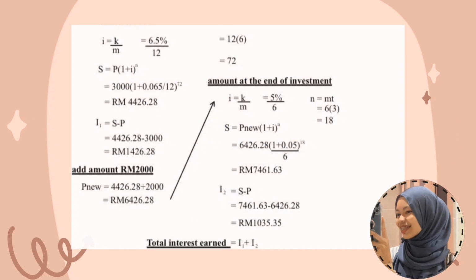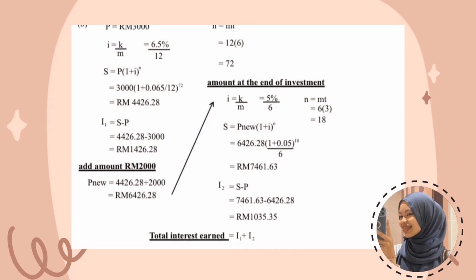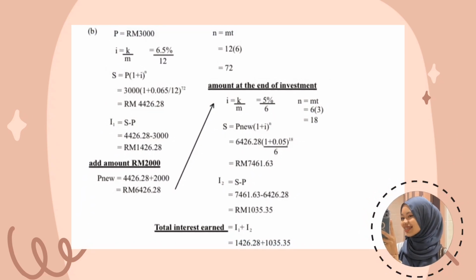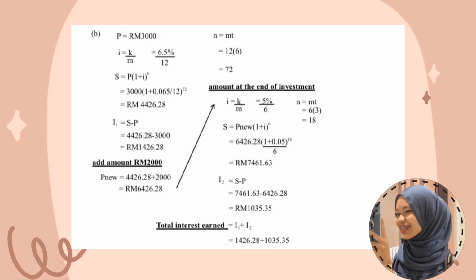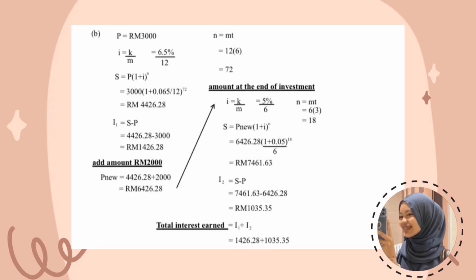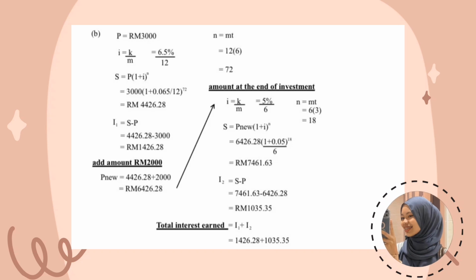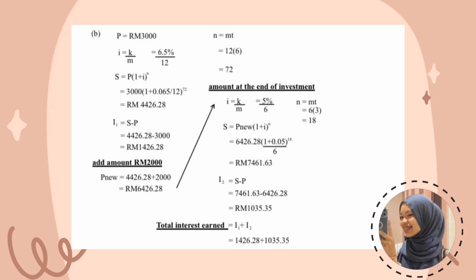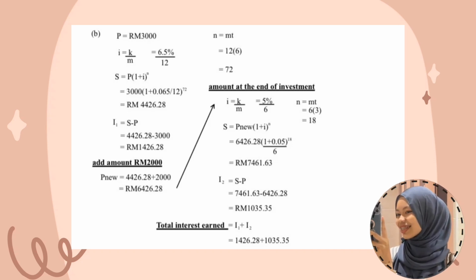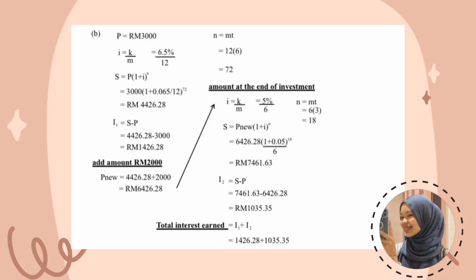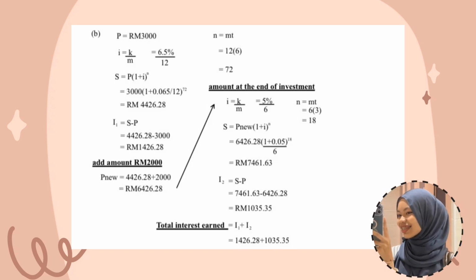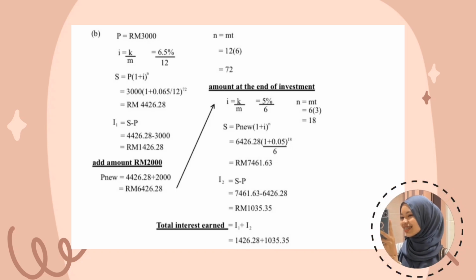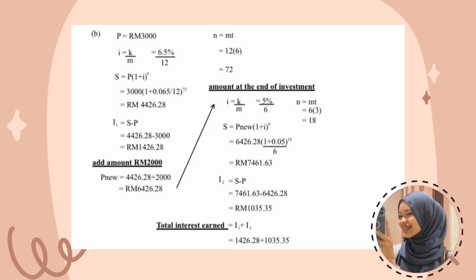For the answer, P is 3,000 ringgit, i is 6.5% over 12, n is 12 times 6, which is 72. Then we put it into the formula S equals P(1 plus i) to the power of n. P is 3,000 ringgit, (1 plus 0.065 divided by 12) to the power of 72 equals RM4426.28.